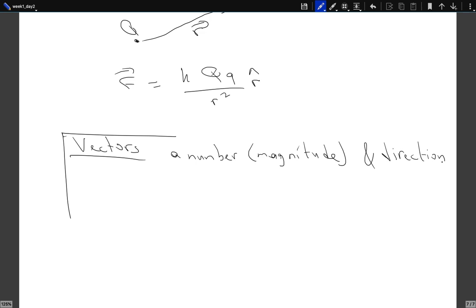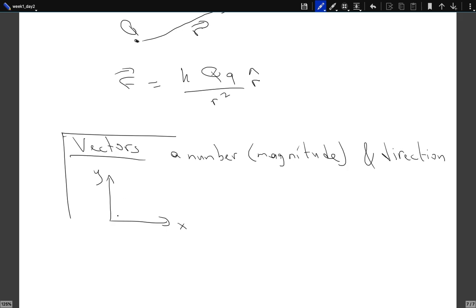So what we say is, let's say, the force is 5 newtons in that direction. That's a vector, because I talk about the magnitude and the direction. Now, the easiest way to work with vectors will be in terms of its components.